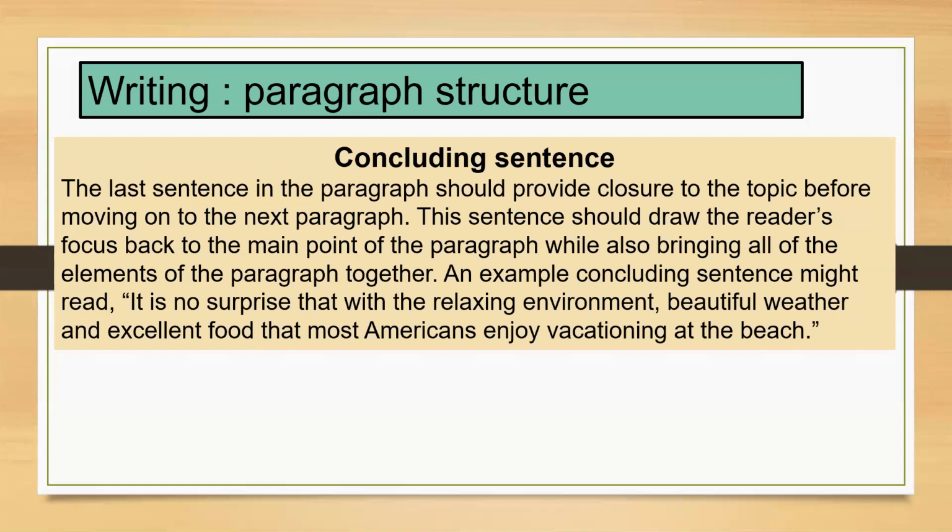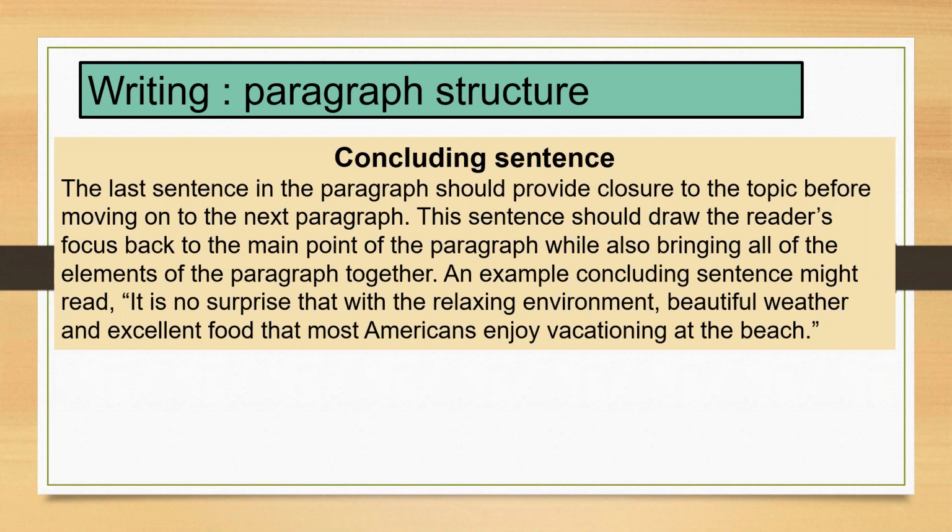paragraph, okay, and will go back to the main idea, okay. El concluding sentence va a ser este último enunciado que nos va a ayudar a cerrar o a envolver, okay, todo el párrafo y nos va a regresar a cuál era la idea principal, okay. In this case, it says, it's no surprise that with all the relaxing environment, beautiful weather, and excellent food that most Americans enjoy vacationing at the beach. ¿Okay?